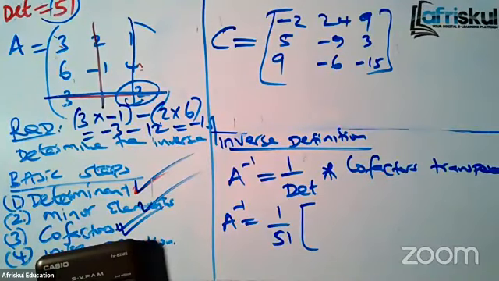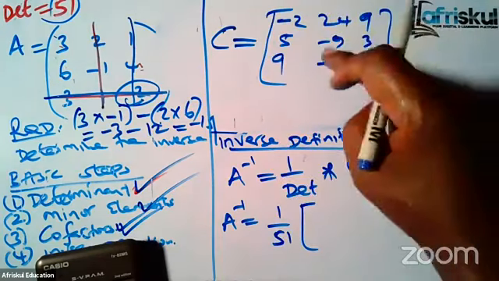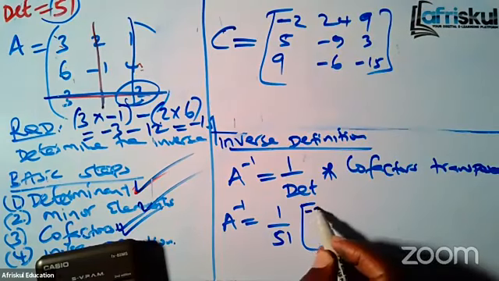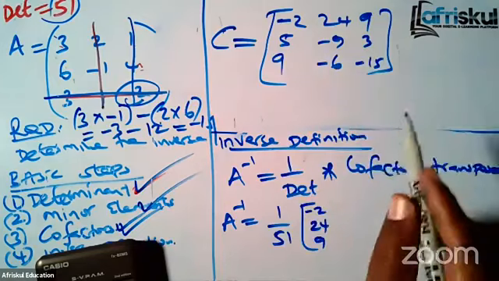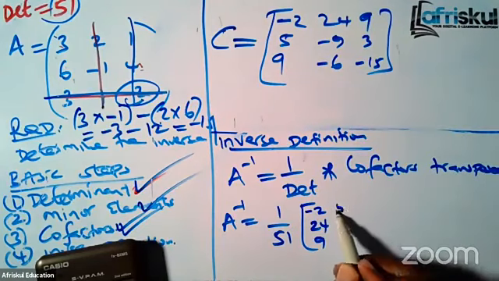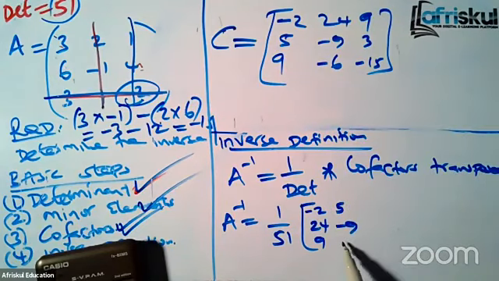To transpose means changing rows to become what here? Columns. To transpose a matrix, I'm repeating, means changing rows to become columns. This is the first row, so it becomes my first column: minus 2, 24, and 9. Second row becomes my second column: 5, negative 9, and 3.